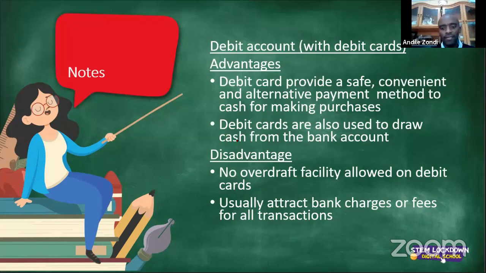A disadvantage of this type of account is there's no overdraft facility. If you run out of money, you can't make more purchases, and it attracts bank charges or fees on almost all transactions. If you're withdrawing money, they charge you. If you're depositing money, they charge you. Each and every transaction you're making, they'll charge you for this type of account.